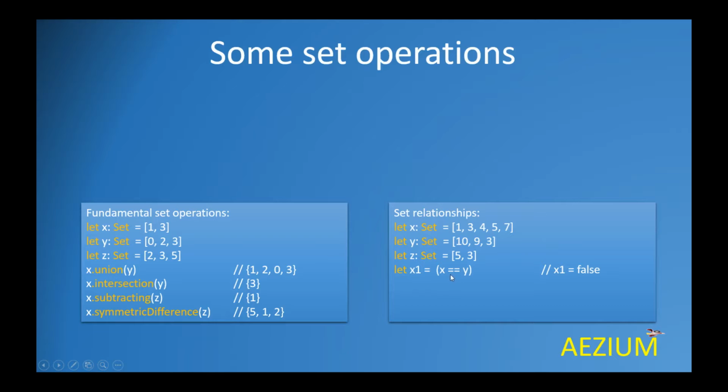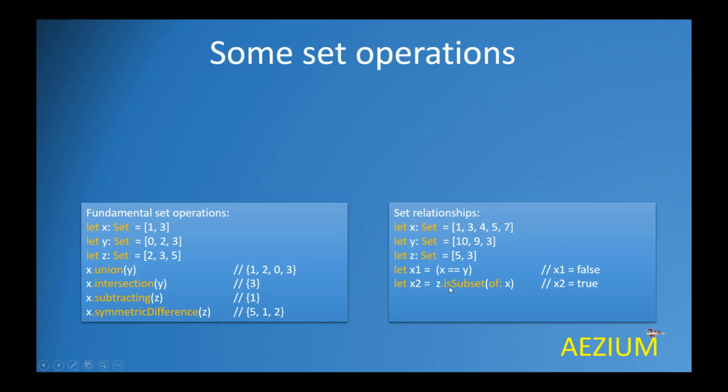We could use the not equal to operation if we wish to, instead of this, and the outcome of that would be opposite to whatever we're getting in the case of the equal to operation. We can check whether a set is a subset of another by using this structure: z dot is subset of x.